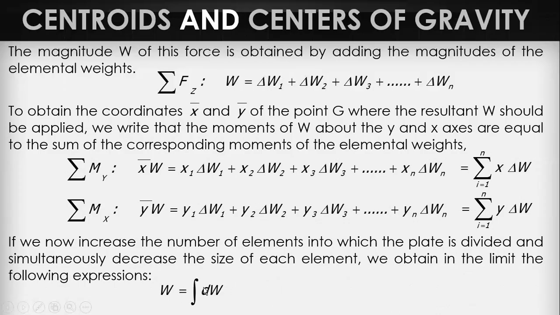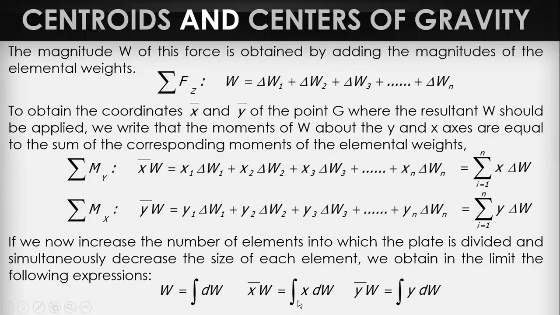That W is equal to the integral of the differential weight, dW, and also with this integral, x bar W, instead of summation, replaced by the integral sign, x times dW, and also with y. y bar W equals the integral of y dW.